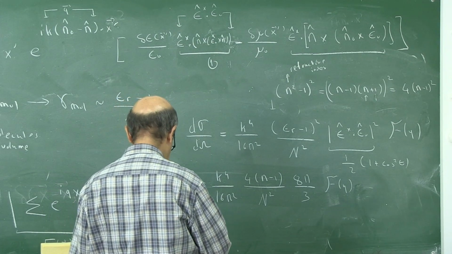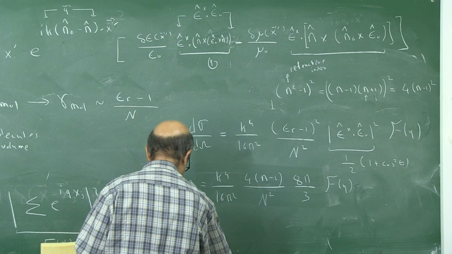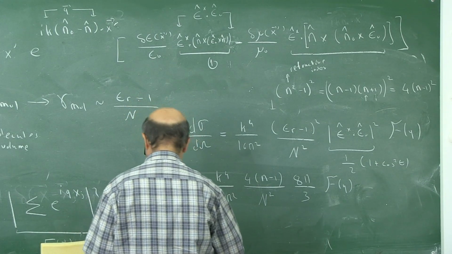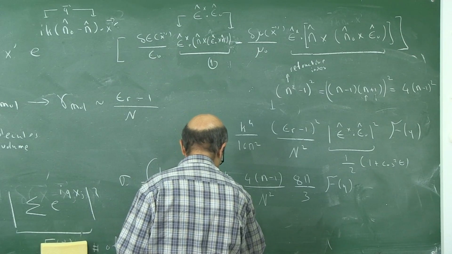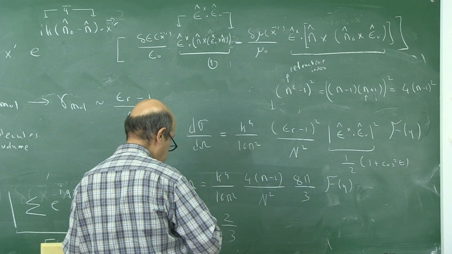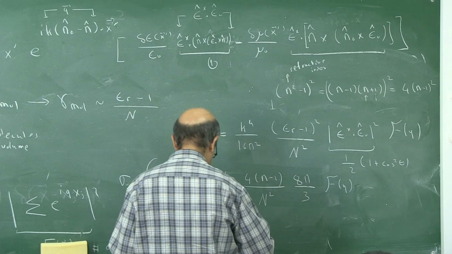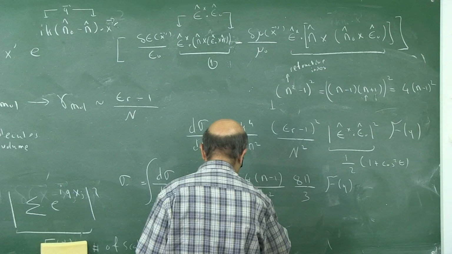Anyway, this has to be the following: the scattering cross section per solid angle approximately will be 2 over 3. Is this right? Is it 2 over 3? This is 1 over 2. Yes, that's right. So the coefficient is not very important.